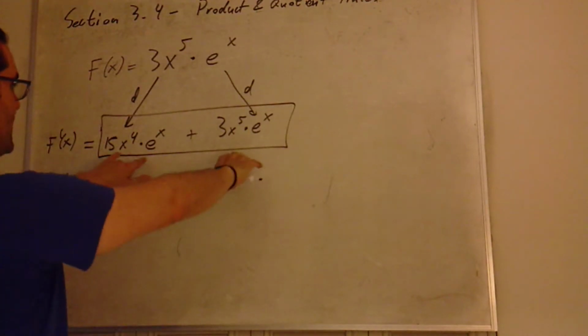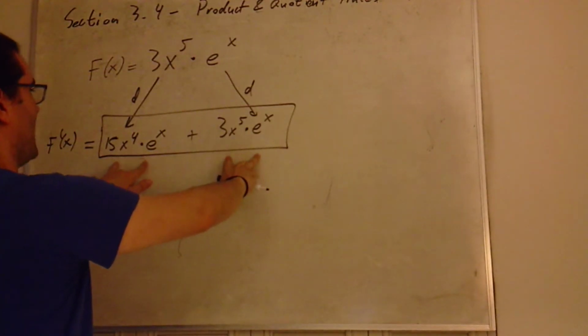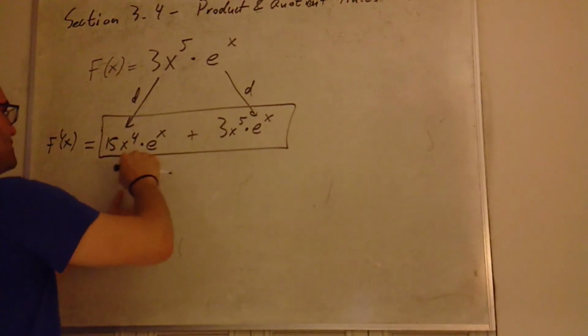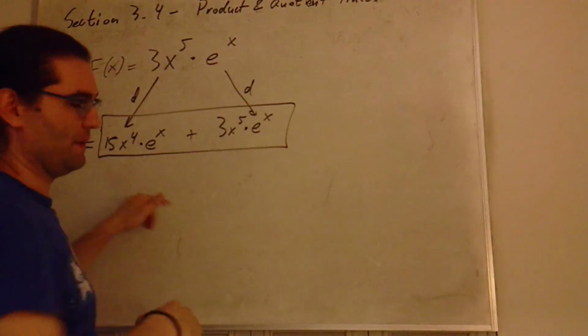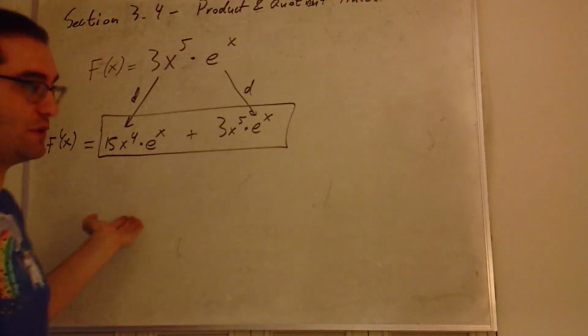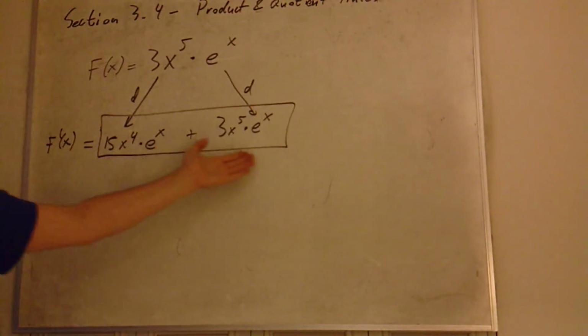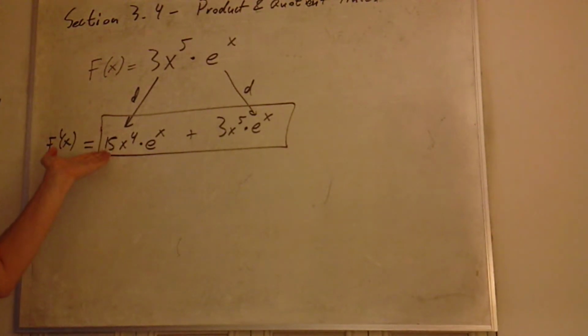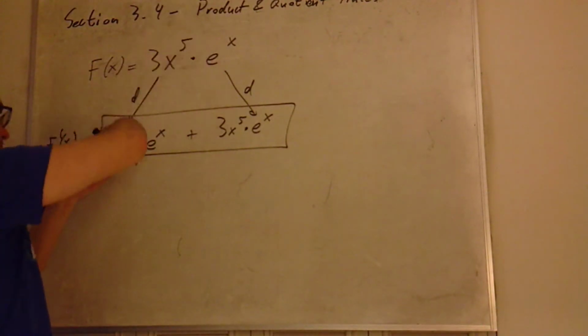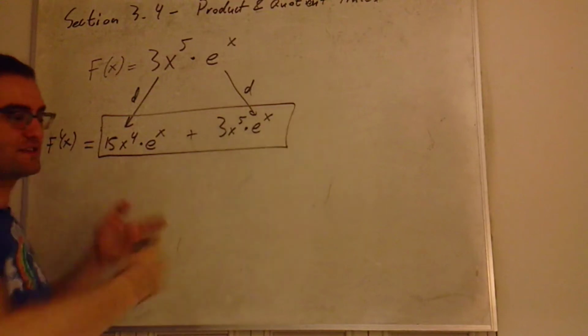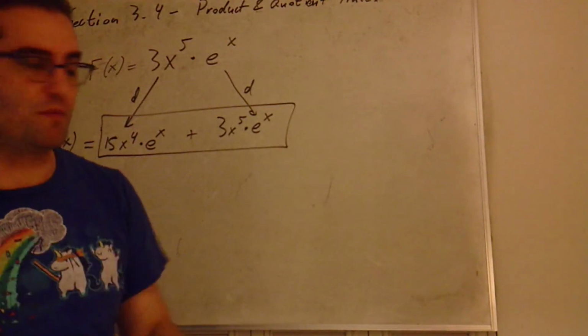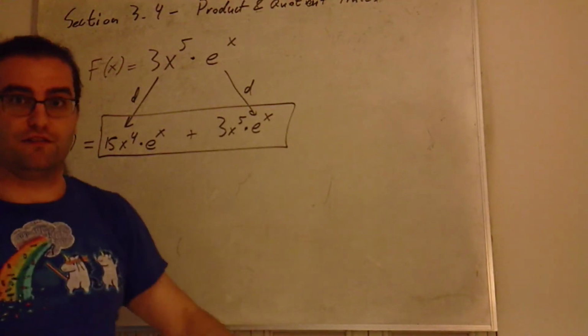If I'm looking at an answer and it looks like this, I can very clearly see where each piece came from, and it makes grading this work extremely easy. If there's a mistake somewhere in here, like if this is a 16, I can see where that came from. I can see that the rest is correct. Grading is very simple if you just do the product rule and leave it alone.